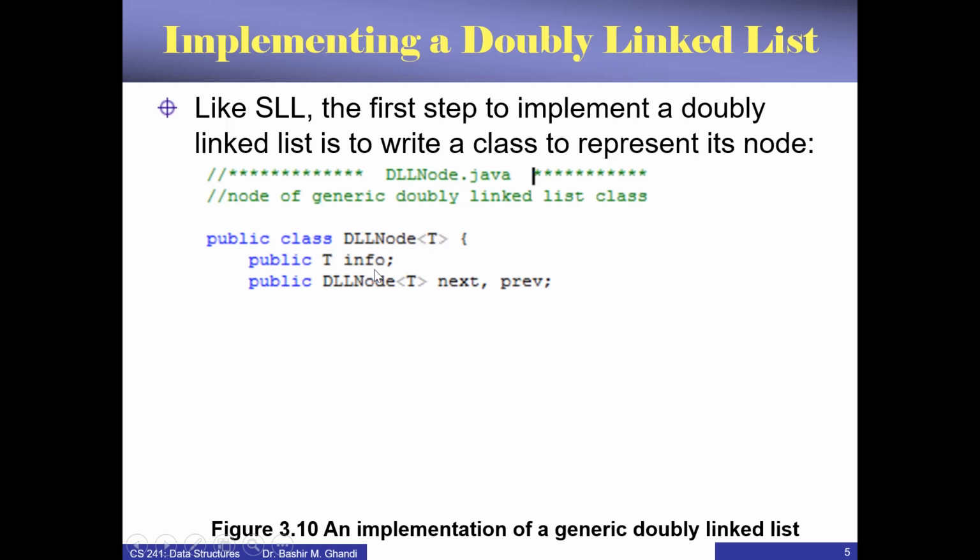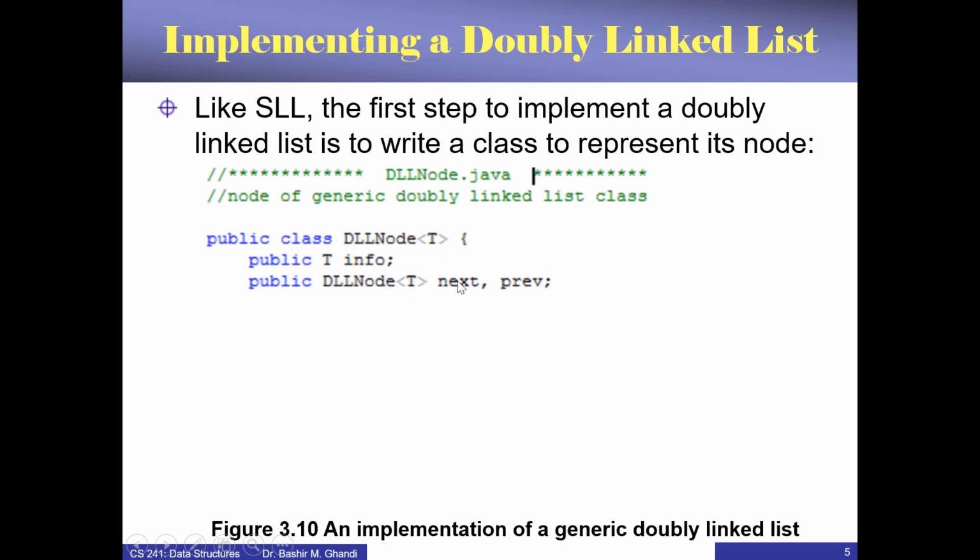The main difference actually is here. In singly, we had only two variables: info, which is of generic type T, and next, which is of the same node type. But here we're going to have not only next, but also prev. So we have two references referring to the data type of the same class, which is DLL node.